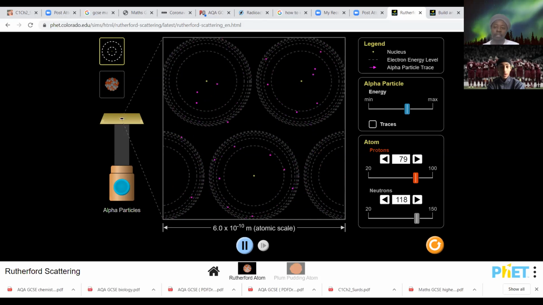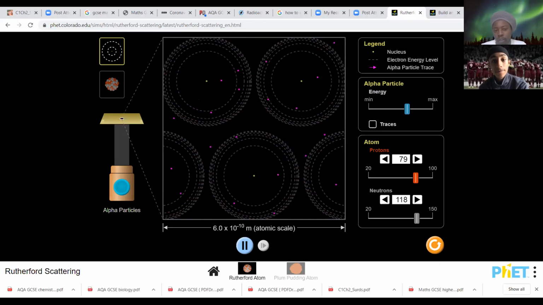So the model that Rutherford came up with in 1911, he called the Rutherford model. Now, in this model, to explain why a lot of the alpha particles went through, the conclusion he made, and this is very important because it's the conclusions they ask you about the experiment in your exam questions.